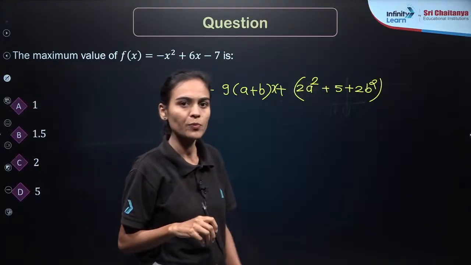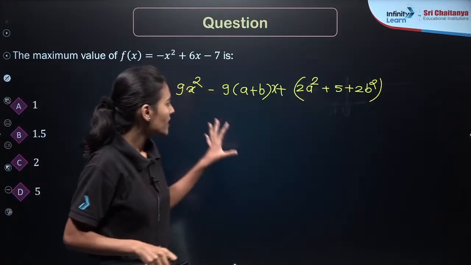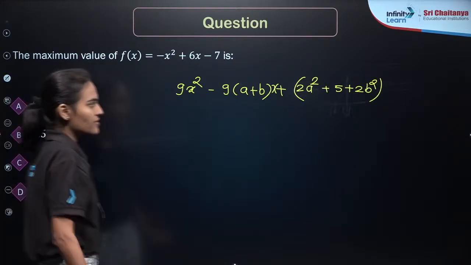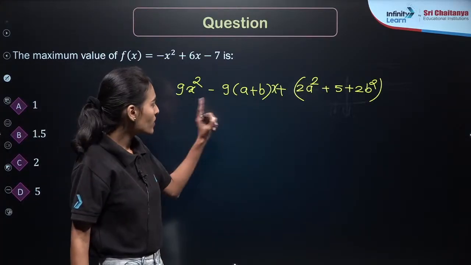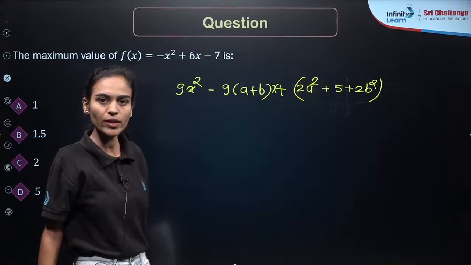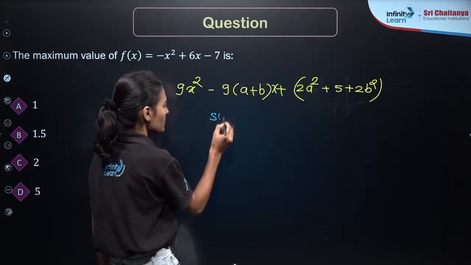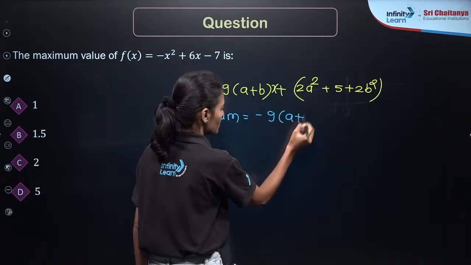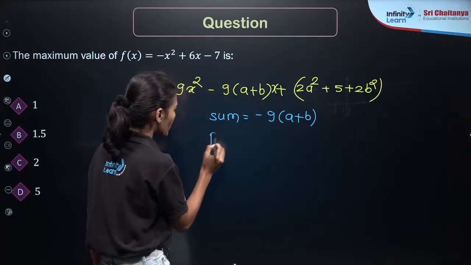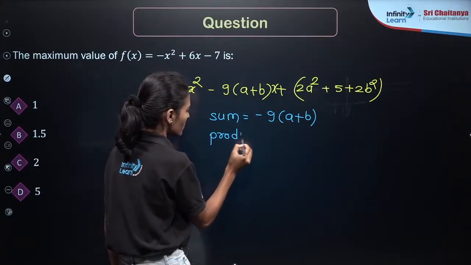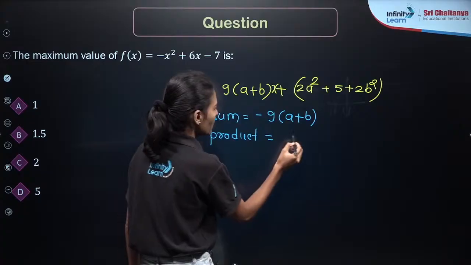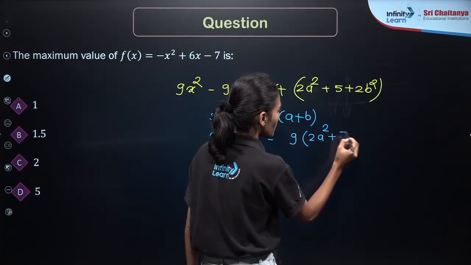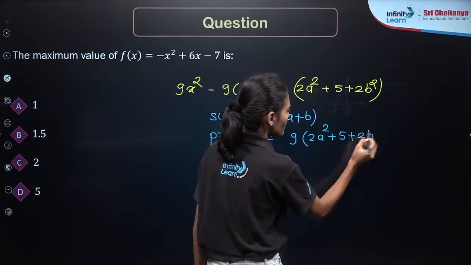So what will be your approach? You need to see here, for a quadratic equation you need to split this, right? So you want your sum to be minus 9 into (a plus b), and you want your product to be 9 into (2a square plus 5ab plus 2b square).